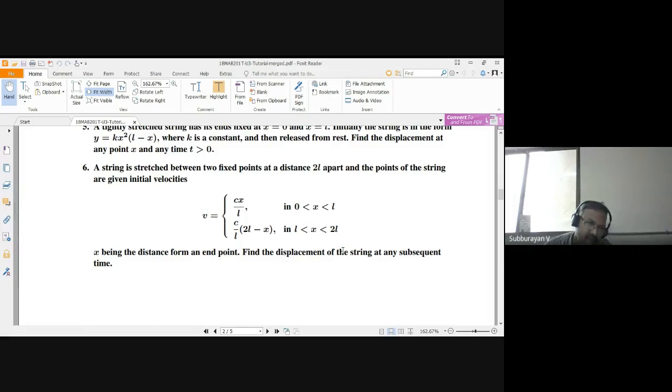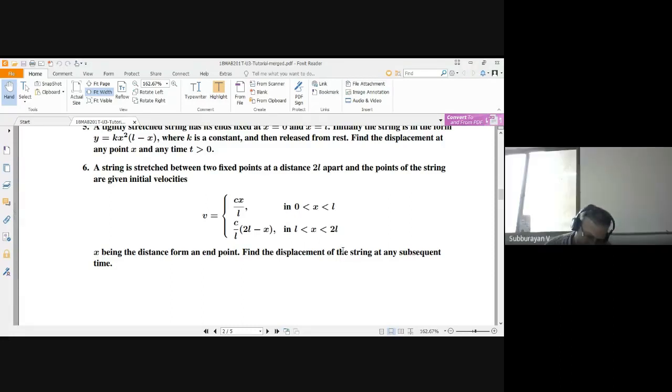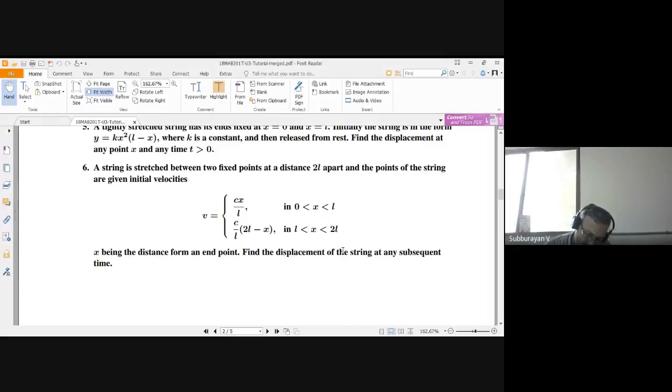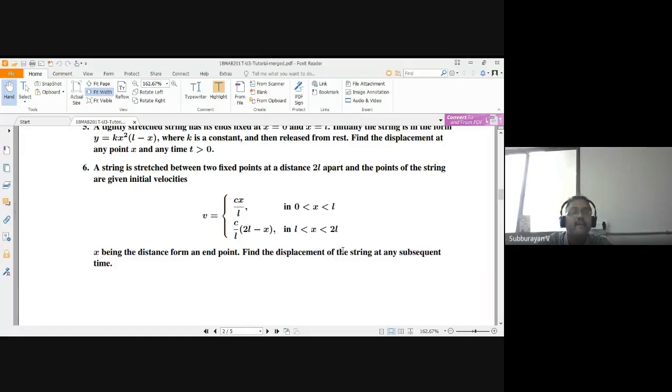Initially means t equal to 0, therefore y of x comma 0 equal to 0. And the fourth condition is yt of x comma 0 equal to this function v.